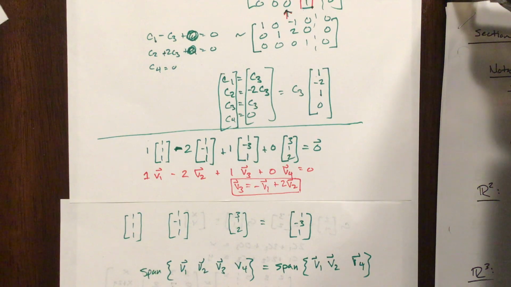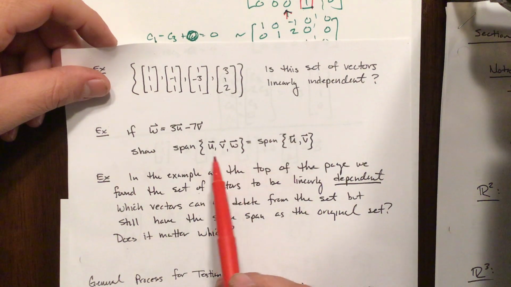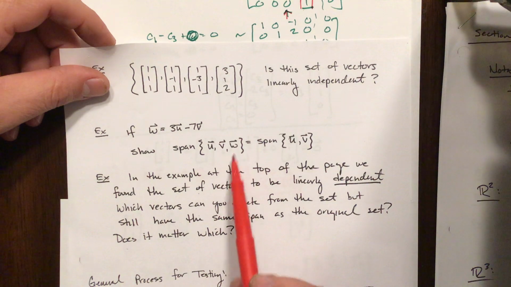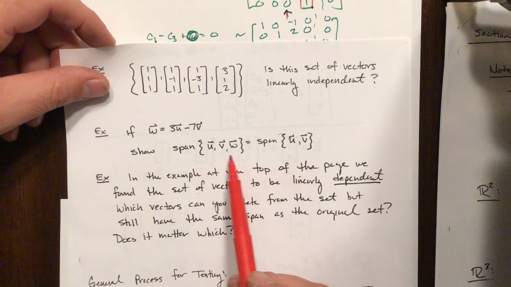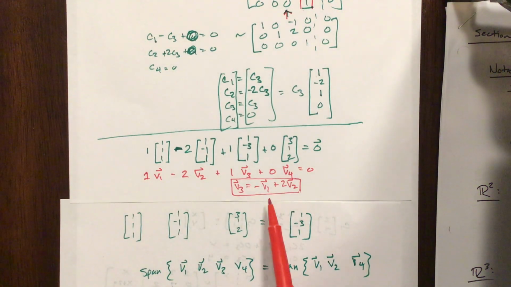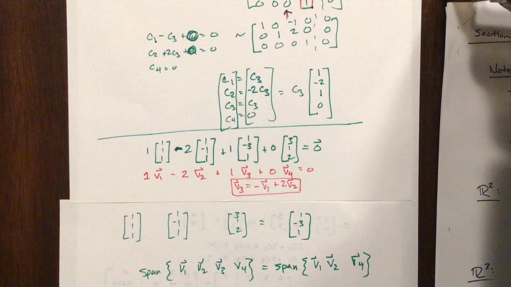So we're using the theorem that's just been proven that says whenever you have a vector in a list that's linearly dependent on the other vectors, you can delete that vector from the list in your span and not affect the span of the remaining vectors. So because V3 is dependent on V1 and V2, we can delete it from our list and say that the span of V1, V2, and V4 is the same as the span of V1, V2, V3, and V4.